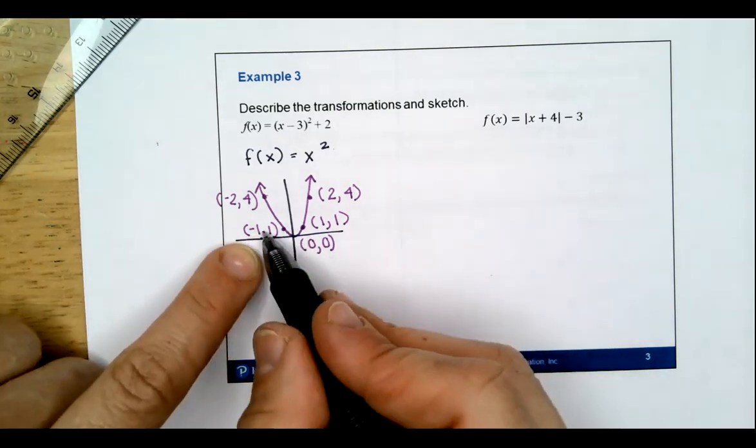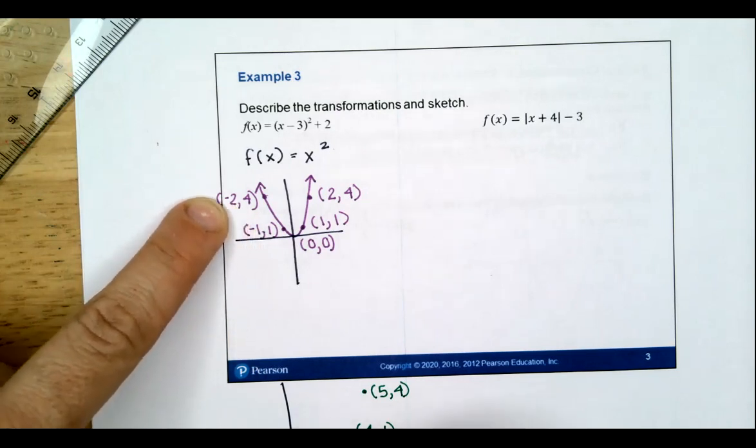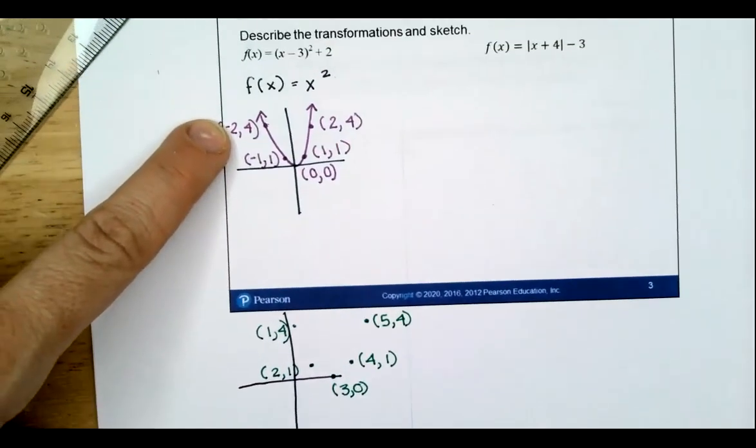Okay, negative 1, 1, negative 1 plus 3 is 2. So that's 2, 1. Negative 2 plus 3 is 1. Okay, oh, I'm sorry, you couldn't see that.